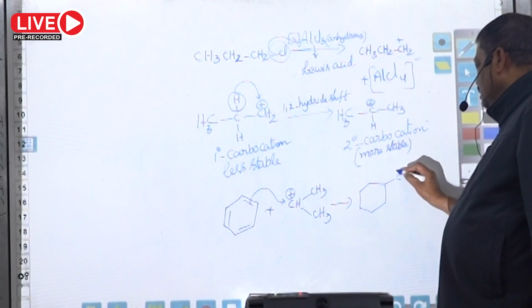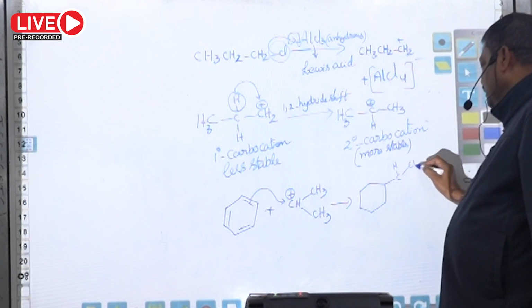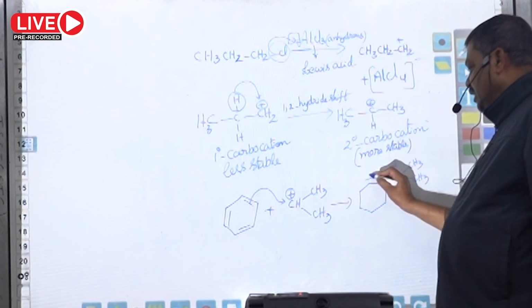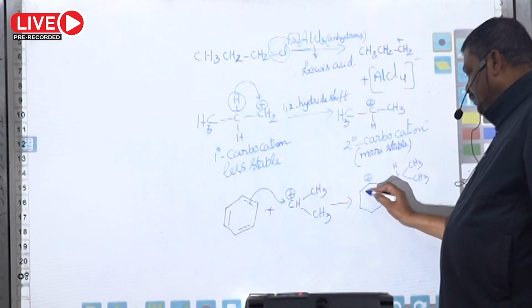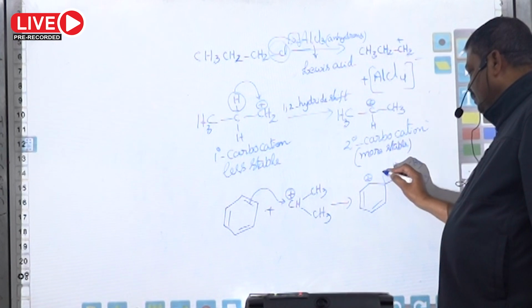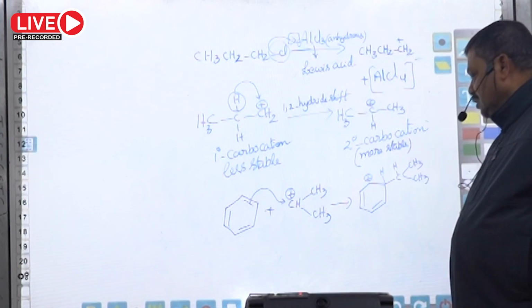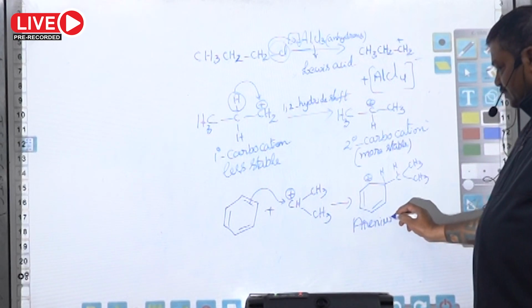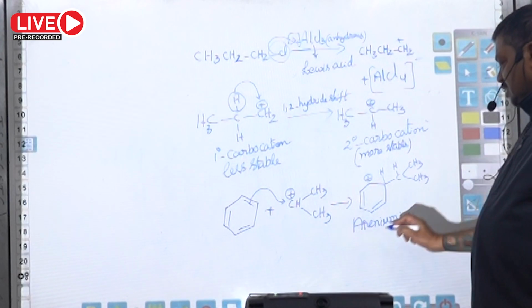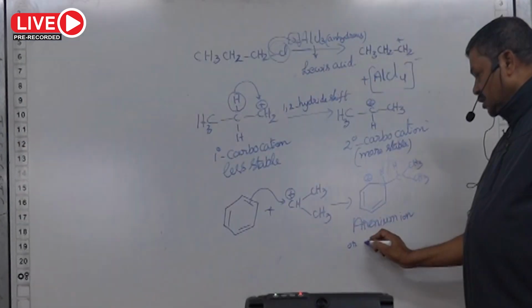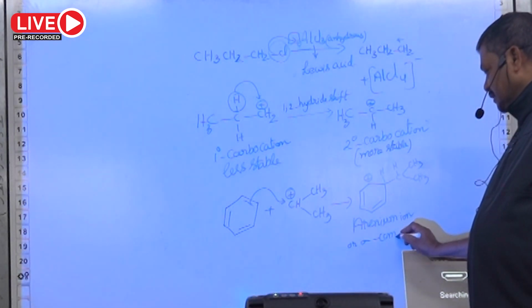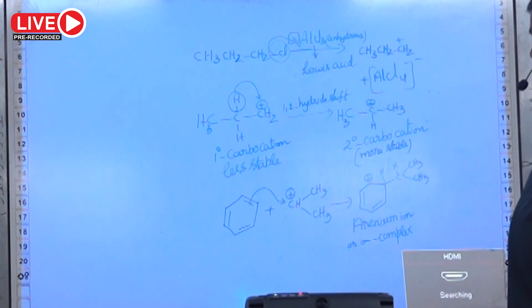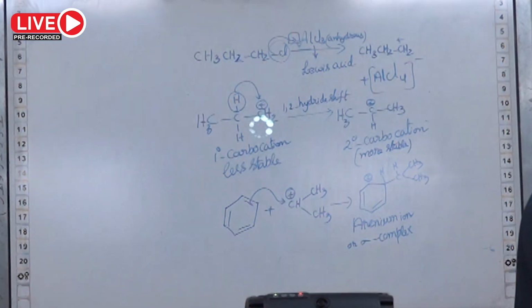So this will link here, and this carbon will get the plus charge. This is called an arenium ion, which is also called the sigma complex.